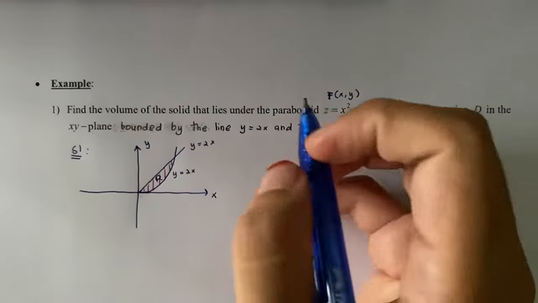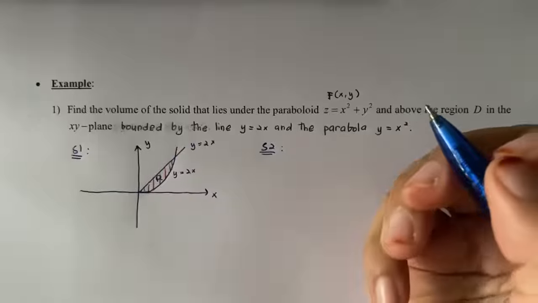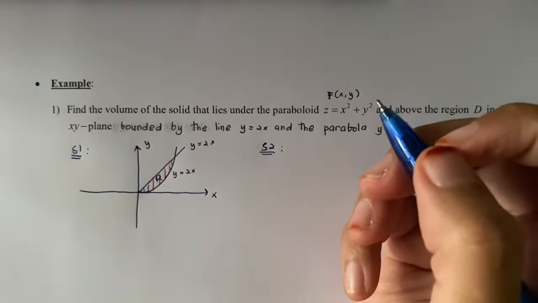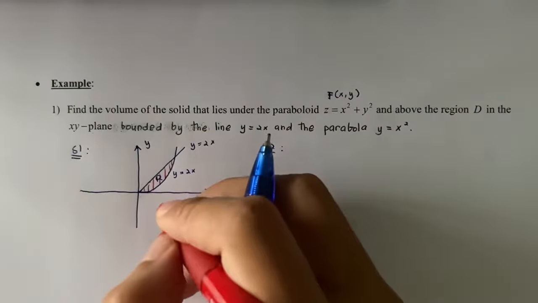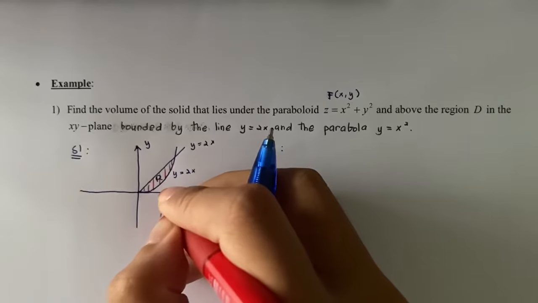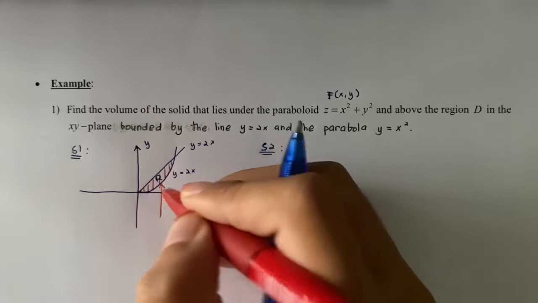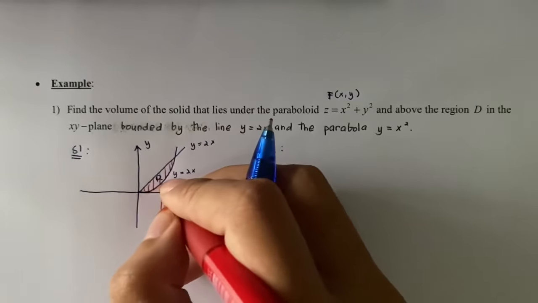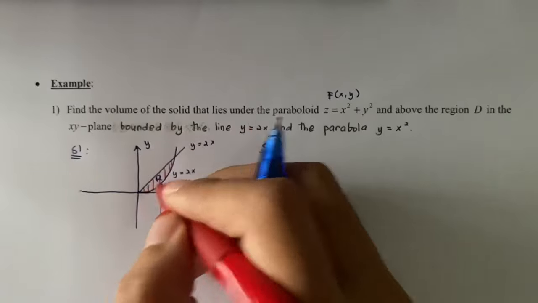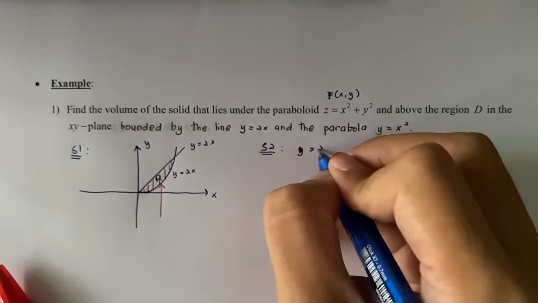The second step is to find the y limit first. Use the vertical line. The vertical line enters from here, from the line y equal to 2x.